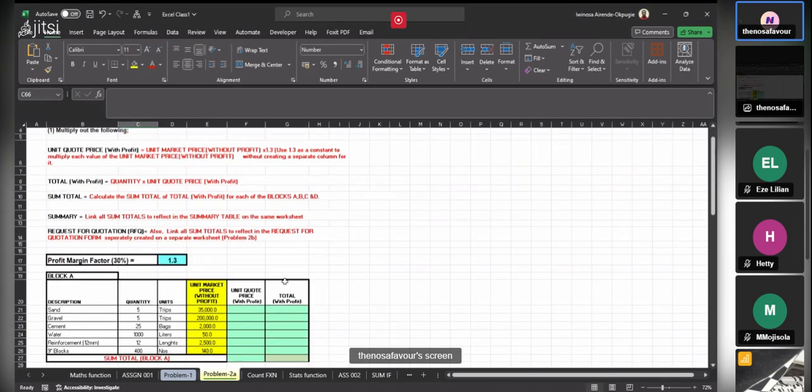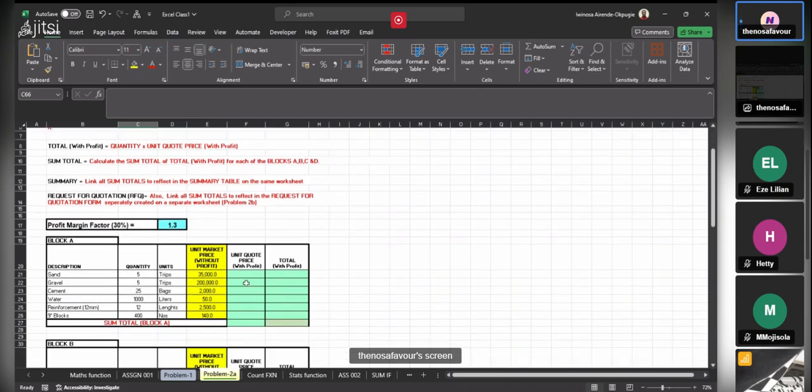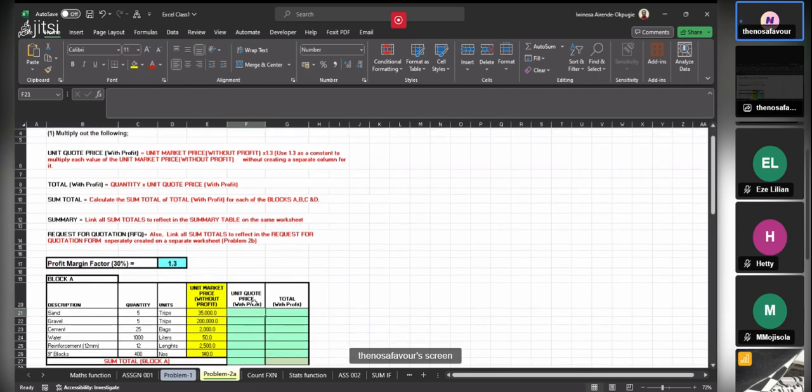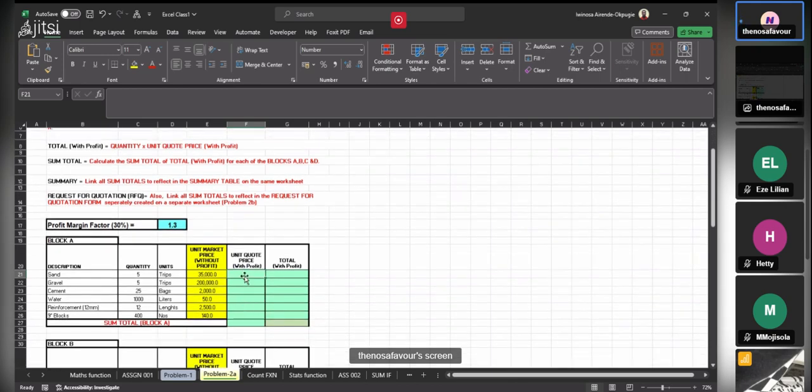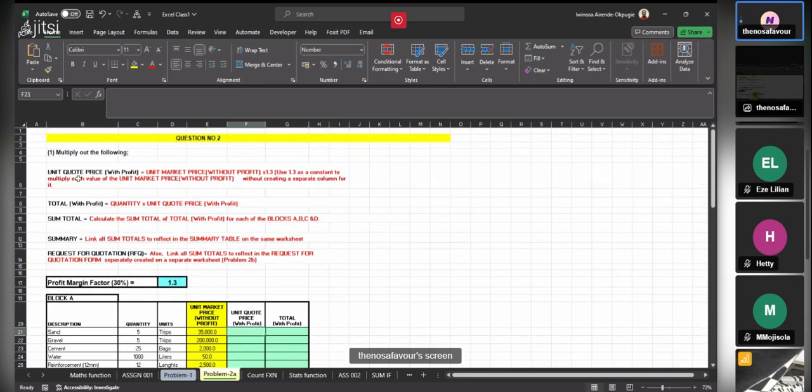So here is a quotation for a firm, and we've been told here that for us to get the units, we've been told to get the values for all of this. To do that, you can see here we've been given a guide.